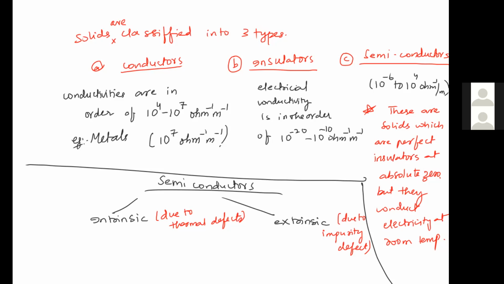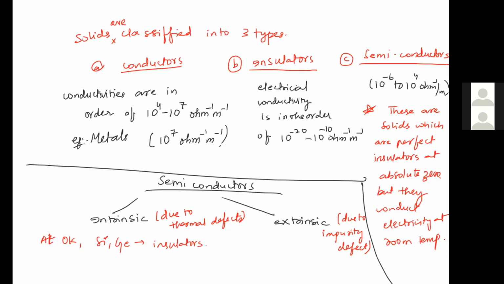You understood, no? So what is happening here? At 0 Kelvin, silicon and germanium act as insulators.